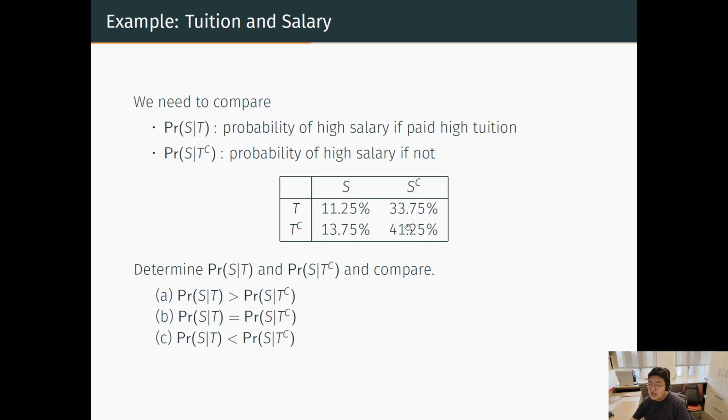Suppose that you have this table. This probability table is again made up numbers. It's not real. But suppose you get these numbers, calculate these two probabilities, and make your own comparison: which inequality is correct?